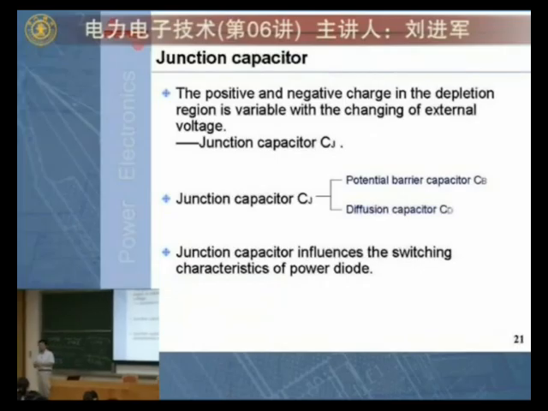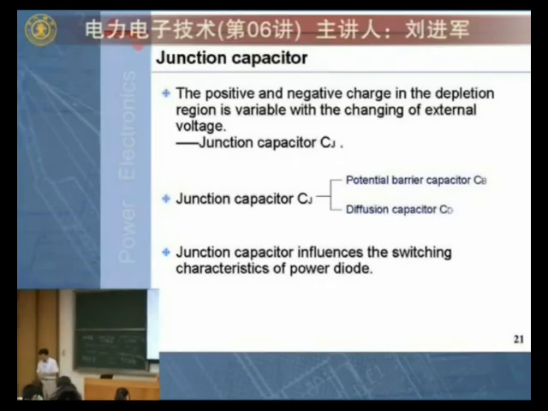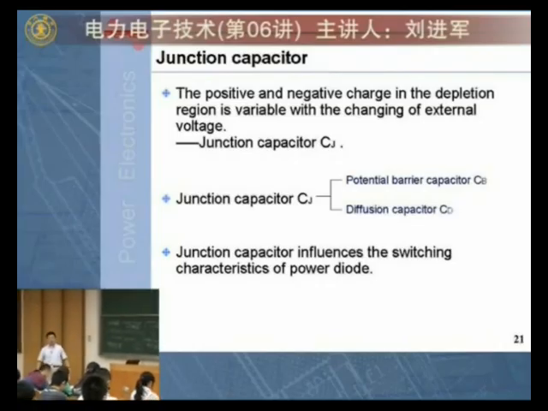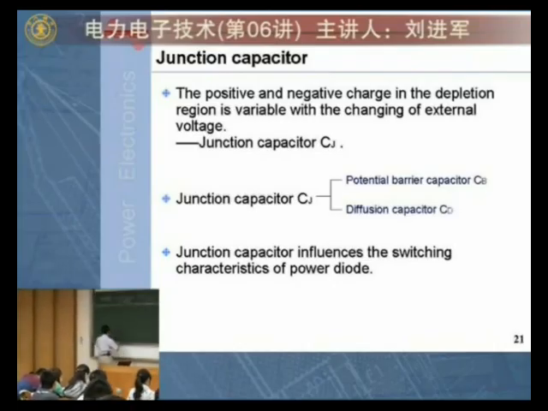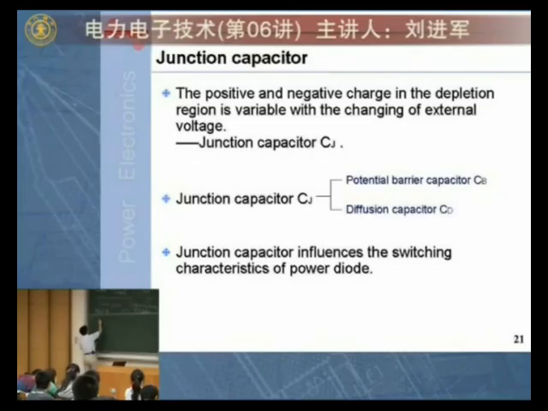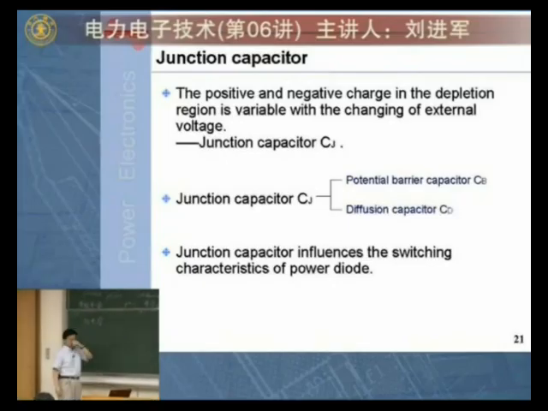All right. In the structure of the power diode, there's another issue we have to mention. That's junction capacitor. Junction capacitor is another thing we have to mention. Why is there a junction capacitor?